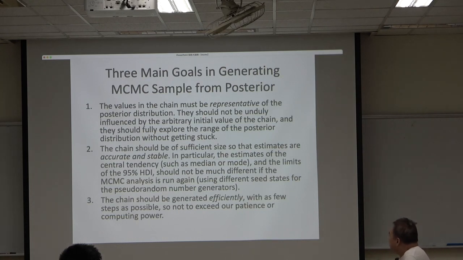So there are three main goals in generating an MCMC sample from the posterior. First, the values in the chain must be representative of the posterior distribution. So they should not be unduly influenced by the arbitrary initial value of the chain.